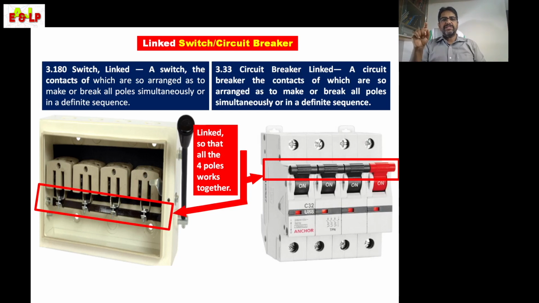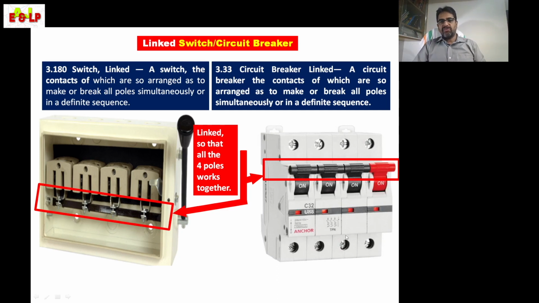Okay, next term is linked switch or linked circuit breaker. What is meant by linked switch and linked circuit breaker? Please go through this figure. Here, all these poles are linked, means when this lever is operated, all are operating together.